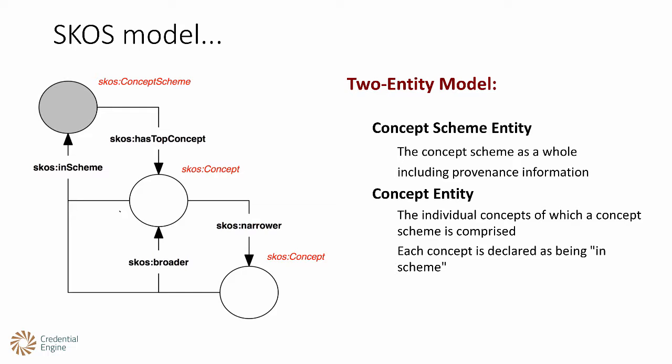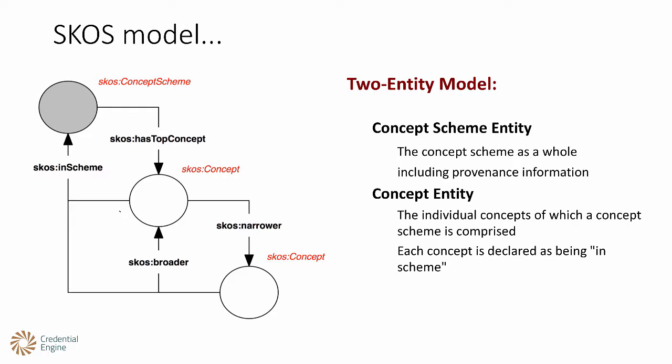The second entity in the model, and it's the only other entity in the model, is the concept. So these are the individual concepts of which the concept scheme is comprised, and each is declared as being in the scheme. So in the diagram here, we have two concepts. Each is declared as being SKOS in scheme.